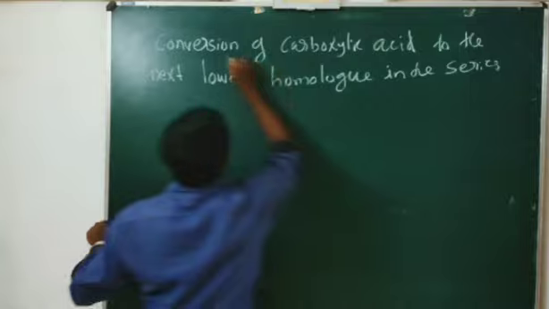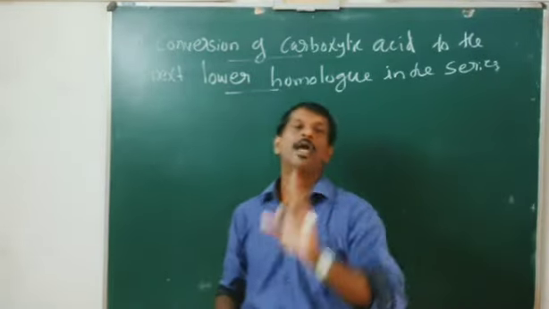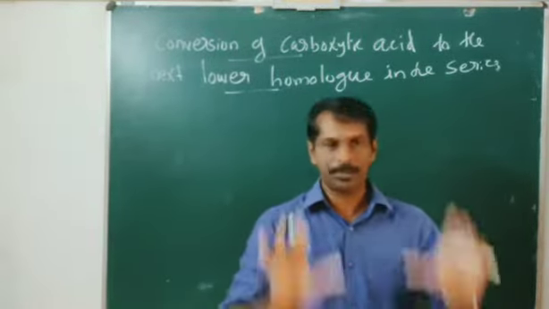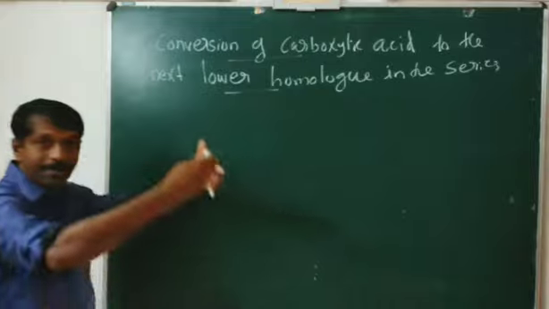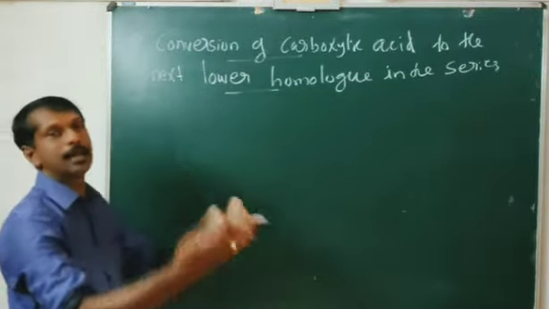That means we are starting with a carboxylic acid and ending with another carboxylic acid that contains one carbon less than that in the starting carboxylic acid. Okay, so that is what is called descent in the series. Descent in the series, one carbon less than that in the starting carboxylic acid.